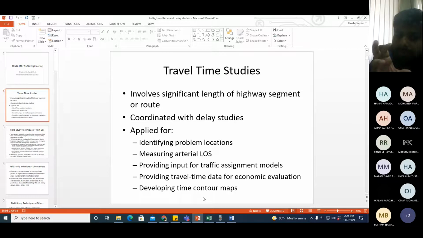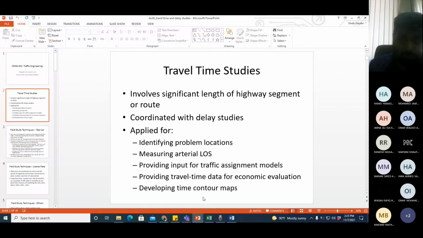If you remember, it is a few hundreds of feet. But when you are doing a pure travel time study, the segment is very long. The travel time is observed for a significant length of the highway, which can be one whole segment, the complete highway from start to end, or a route.